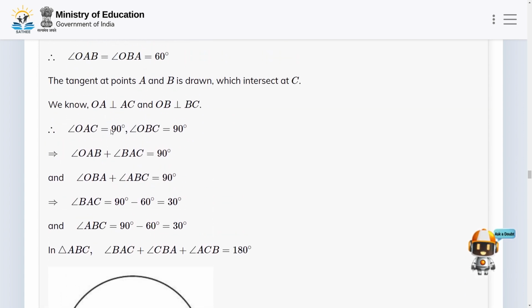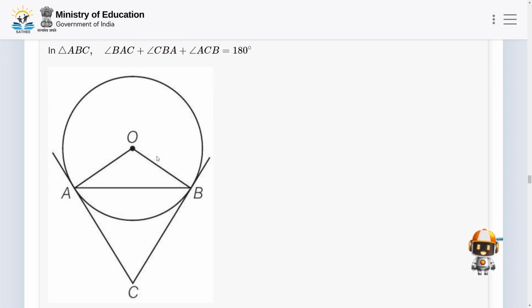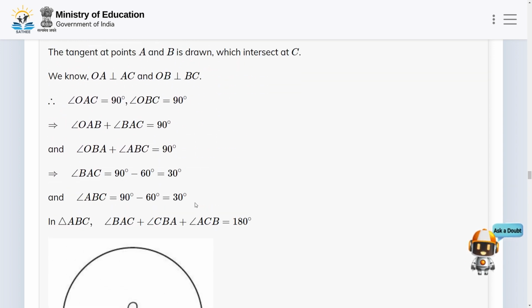So angle OAC is equal to 90 degrees, and angle OBC is also equal to 90 degrees. So angle OAB plus angle BAC is equal to 90 degrees, and angle OBA plus angle ABC is equal to 90 degrees. It implies angle BAC is equal to 90 degrees minus 60 degrees, that is 30 degrees, and angle ABC is equal to 90 degrees minus 60 degrees, that is 30 degrees.